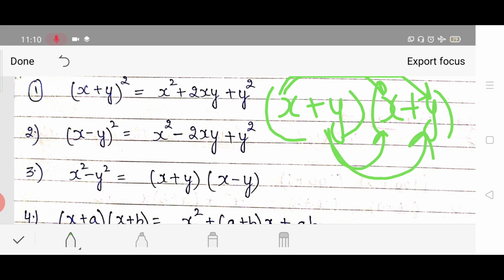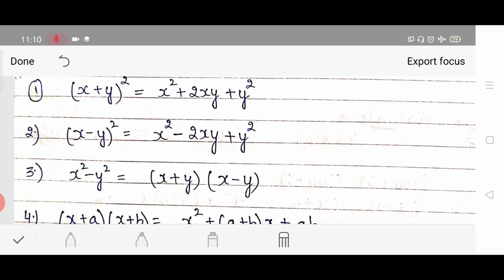So what will it come out to be? x square plus 2xy plus y square. So instead of doing this long method, we just have to simply remember this formula, that (x plus y) whole square is equal to x square plus y square plus 2xy.